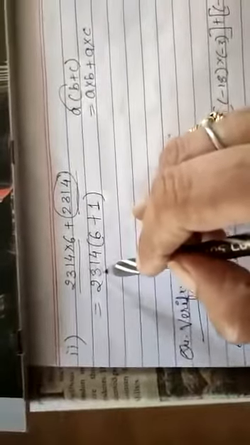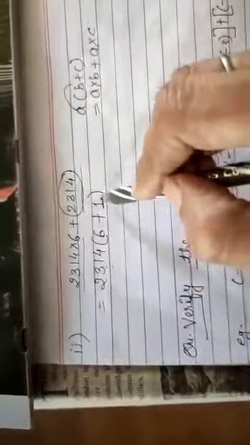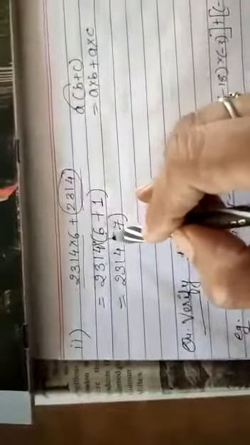So you can see now 2314 multiplied by 6 plus 2314 multiplied by 1. You know, when you multiply any number with 1, the answer is the number itself. Okay. Now again you will simplify the bracket first. So 6 plus 1 is what? 7. Here you can put a multiplication sign, or if you do not put it, it is still understood that multiplication is there.